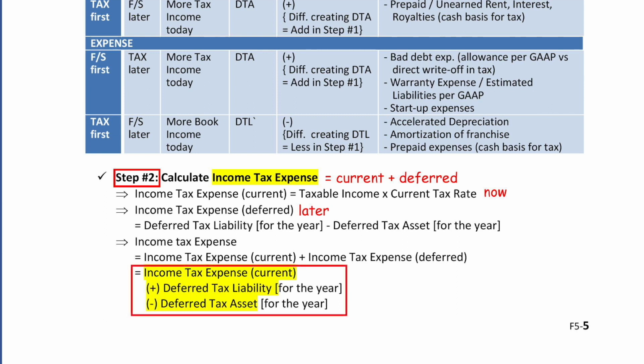So guys, in step number 1, when you were calculating taxable income, differences that created deferred tax assets you added. Differences that created deferred tax liabilities, you subtracted, less. Now in step number 2, when you're calculating the income tax expense, then you're looking at the current expense plus deferred tax liabilities, something that you've incurred but not yet paid, minus deferred tax asset, something that you have not yet incurred but have prepaid.